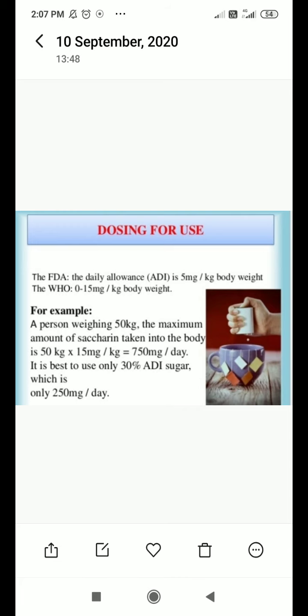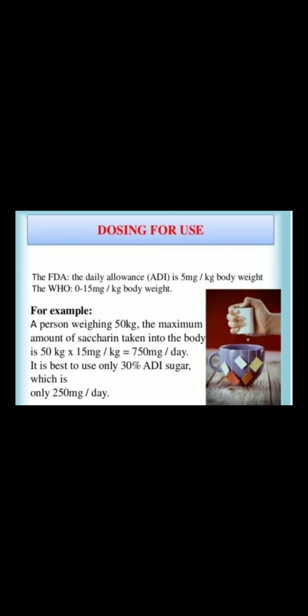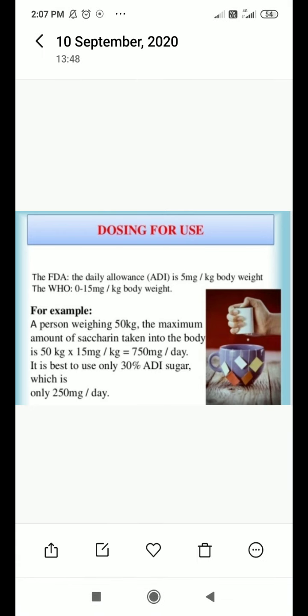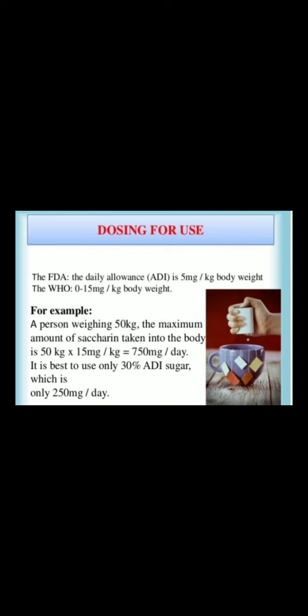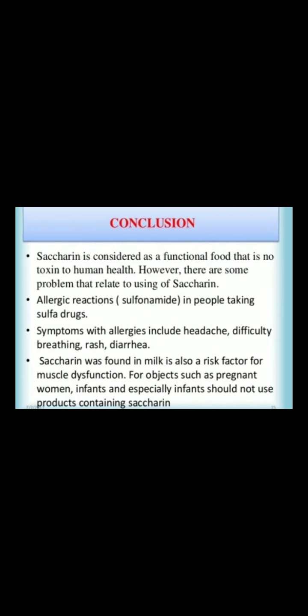You can consume this amount per day, and this amount doesn't show negative side effects. So this is the amount for the daily dose.